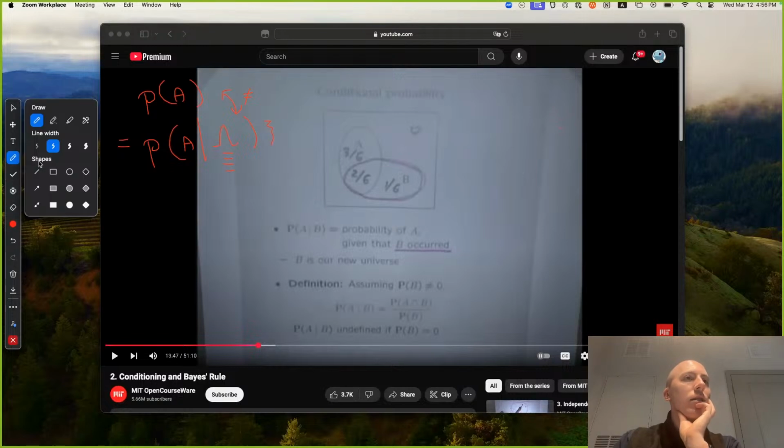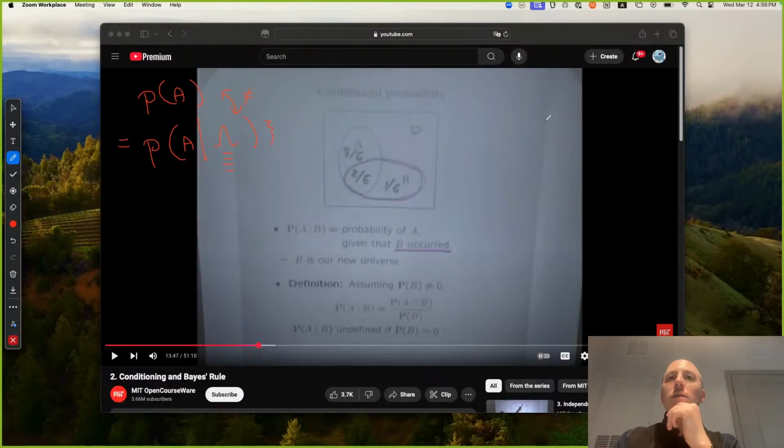But back to this, what would this mean? You can look at this before it runs and say, if this happened, then what's the probability that A is going to happen?